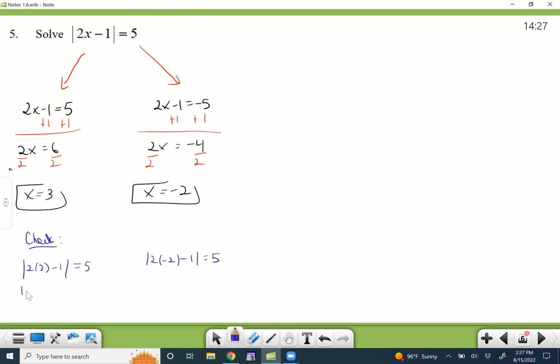All right, 2 times 3 is 6. 6 minus 1 is 5. And the absolute value of 5 is 5. So that one works, right? 2 times negative 2 is negative 4. Negative 4 take away 1 is negative 5. The absolute value of negative 5 is positive 5. So that one works. So indeed, both of these check out.